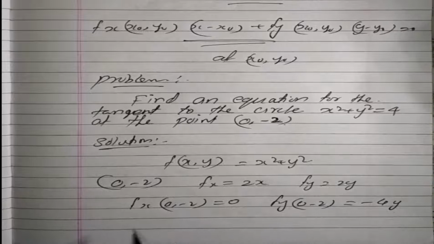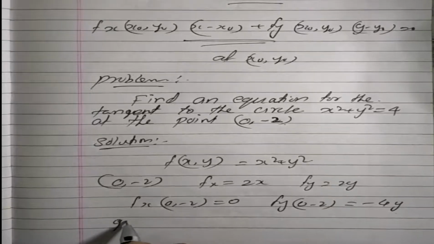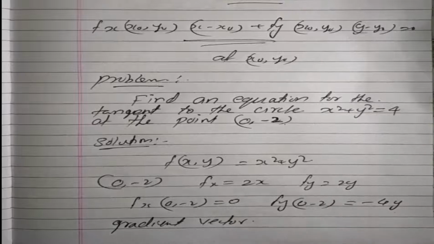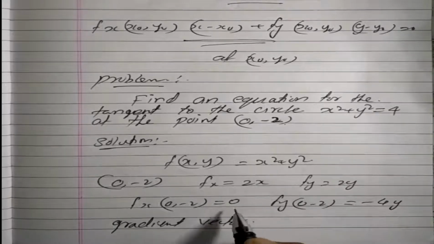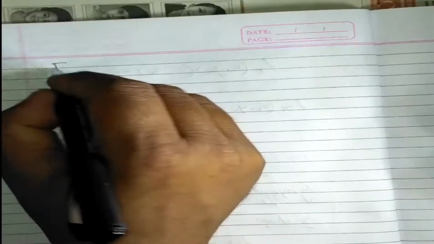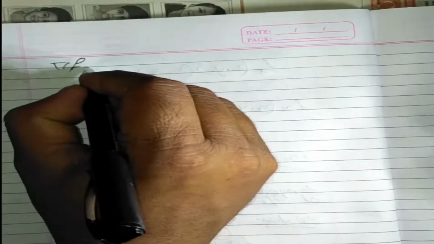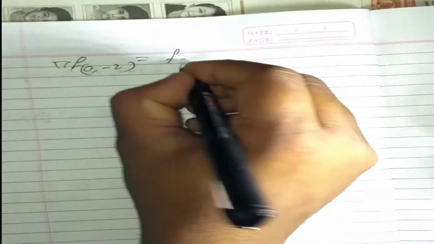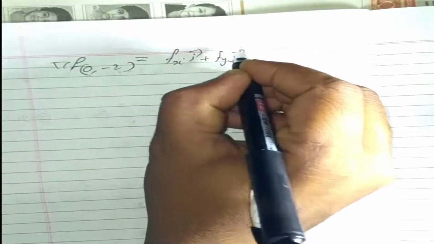Now apply the gradient vector. The gradient of f at the point 0, minus 2 equals fx i vector plus fy j vector.